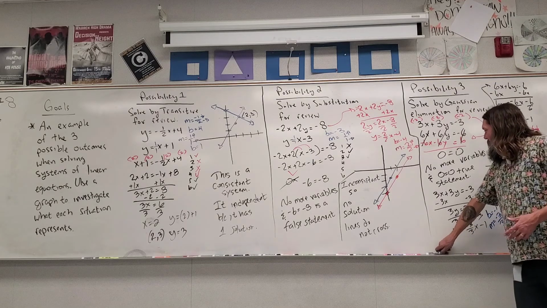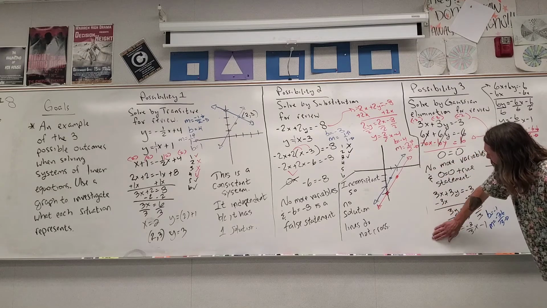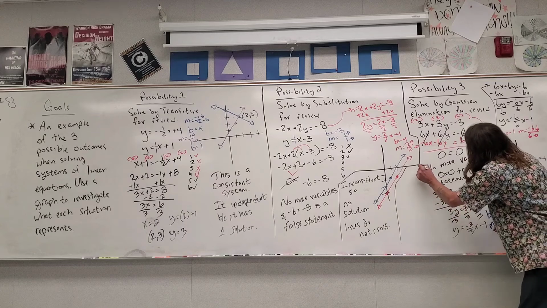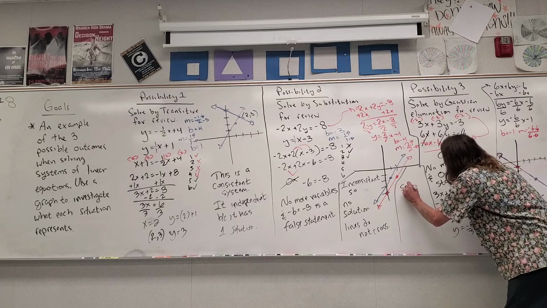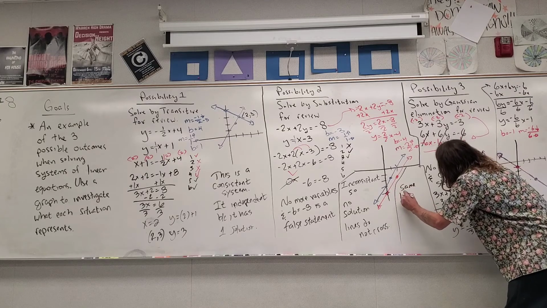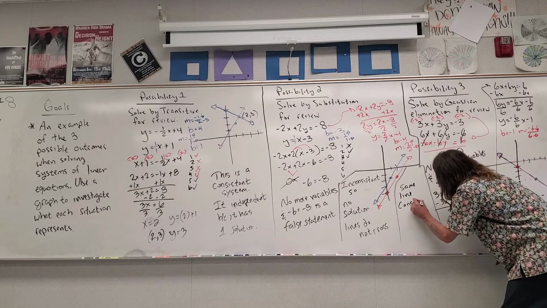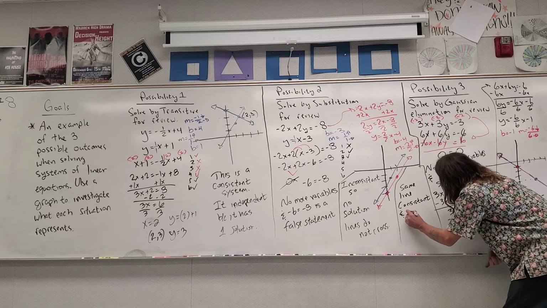Okay? So let me explain what we call this. I really don't have any more room here. Let me steal some of this room here. Again, I do apologize that this whiteboard got so full, but I wanted you to see all three possibilities at once. So we have the same line. We call this consistent, and we call it dependent.